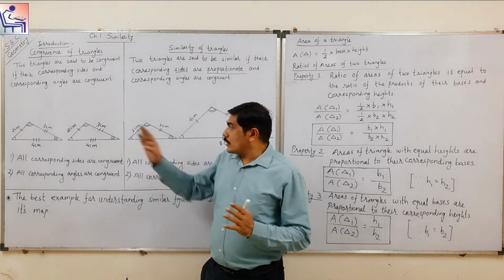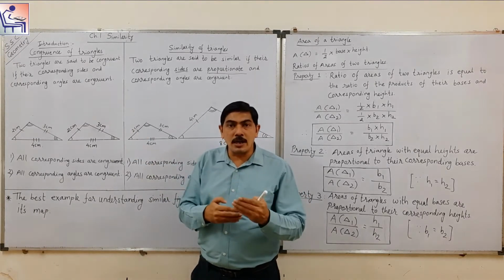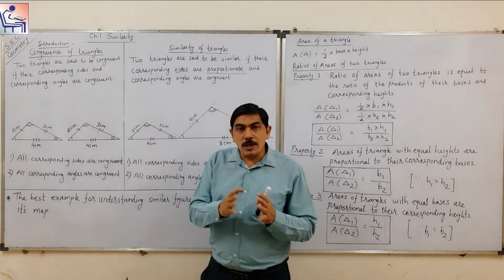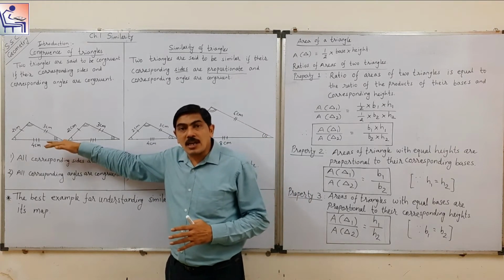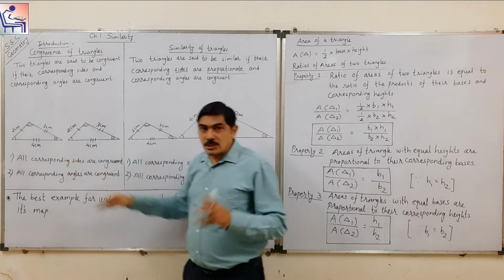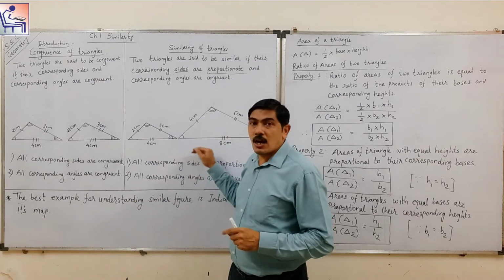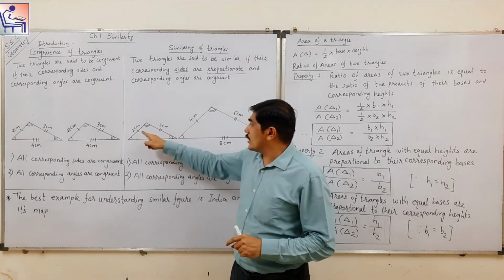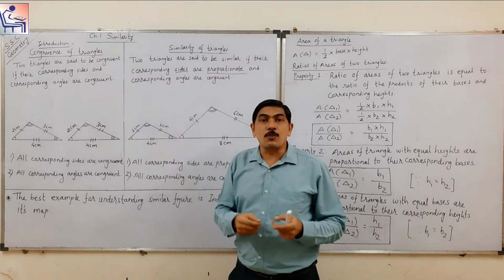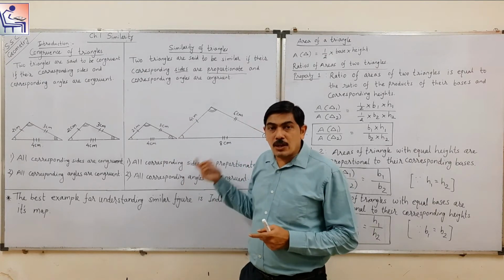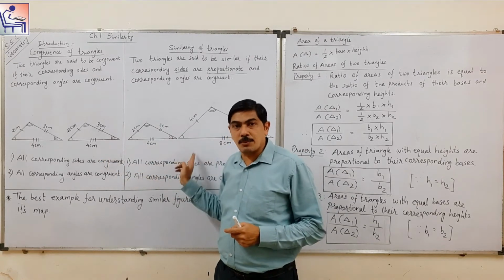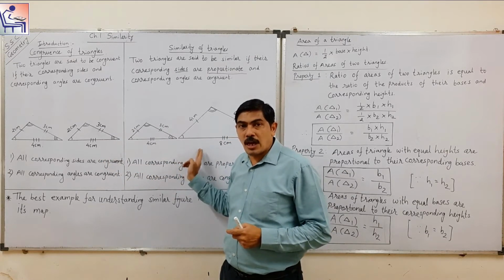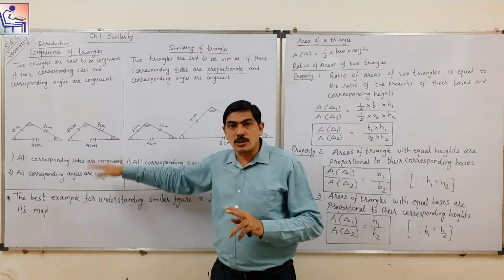So उनका जो रेशियो है वो 1:1 है, जो दोनों भी अगर इक्वल है तो they are congruent also as well as they are similar. But all similar triangles are not congruent because their sides are not equal. So we got the conclusion that all congruent triangles are similar, but all similar triangles are not congruent.